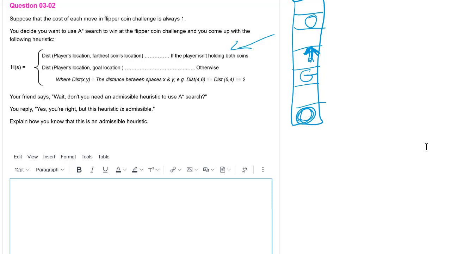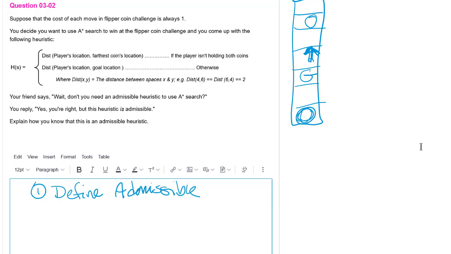Because that's what tells us if it's admissible or not. So in this problem, I was looking for 3 things. The first is just to define admissible.